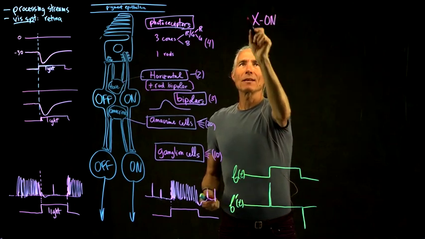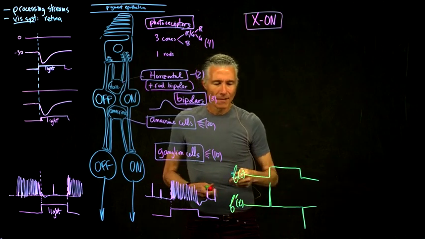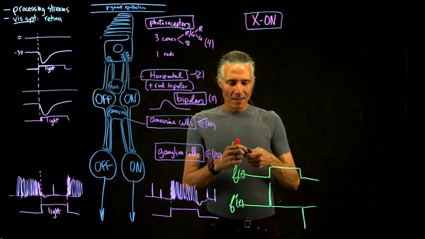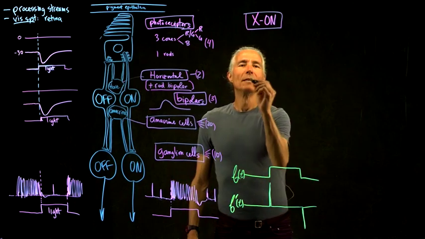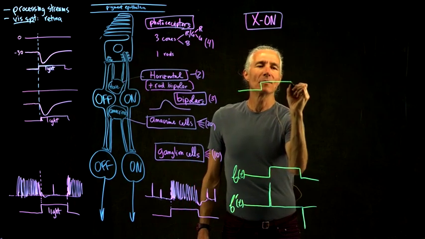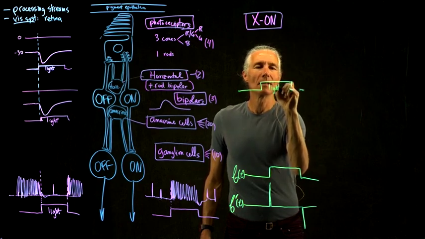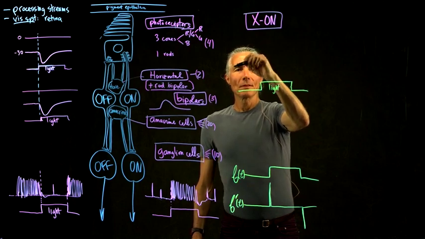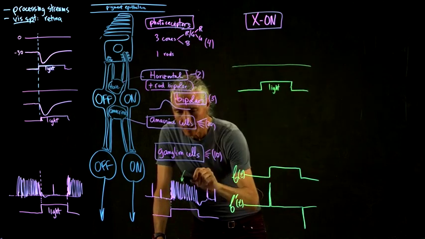So that's sustained on. That's the one that behaves most like you would think a self-respecting visual neuron should. So here's the light. And what I was doing here, these are actual spikes.